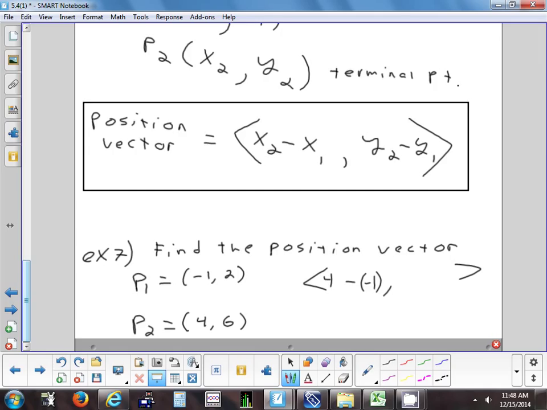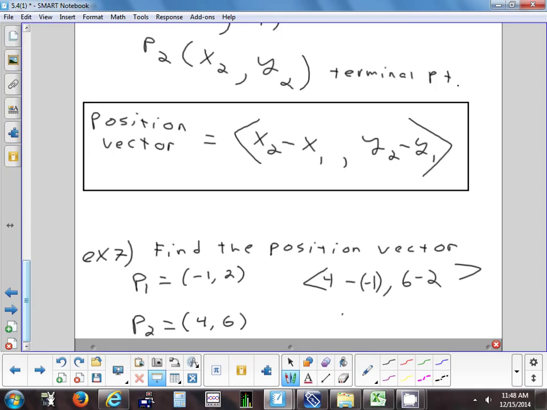Okay. Andrew, how about my calculation to find the vertical component? 6 minus 2, yeah, 6 minus 2.